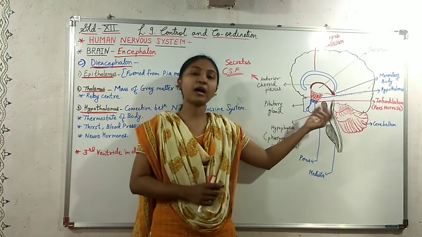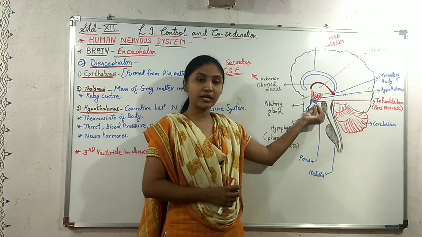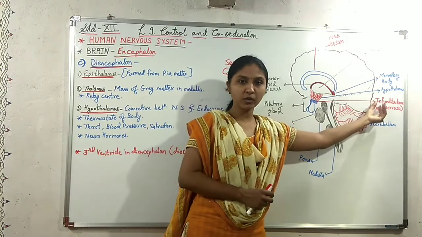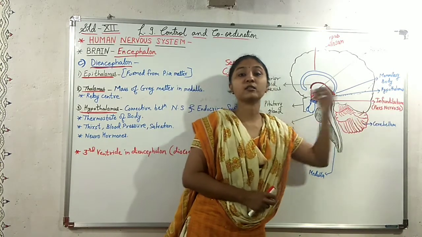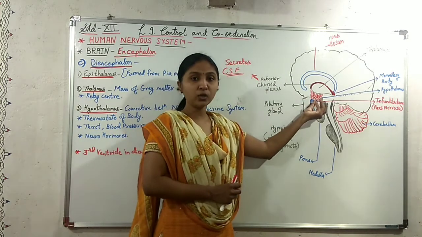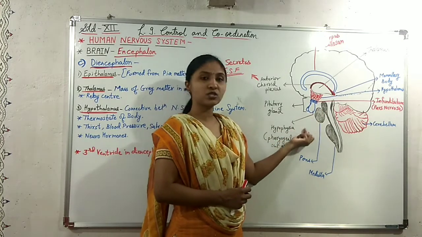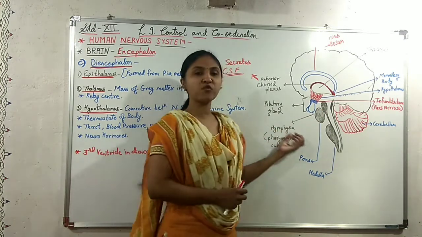It is made up of pia mater. Whereas this stalk-like structure below the hypothalamus, called the infundibulum or pars nervosa, is made up of neurons. Below the infundibulum there is a swollen structure. That swollen structure is called the hypophysis.